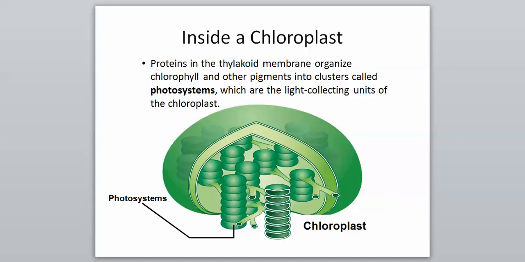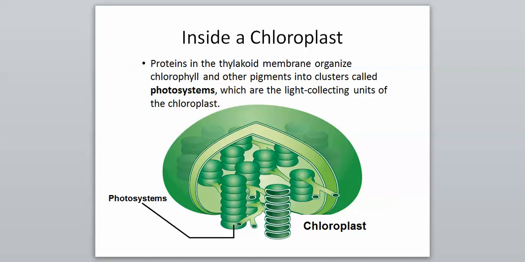Breaking it down even more, proteins in the thylakoid membrane organize chlorophyll and other pigments into clusters called photosystems, which are the light-collecting units of the chloroplast. If we take one individual thylakoid and slice it open, inside its membrane, remember a membrane just wraps around the outside, we are going to find what are called photosystems.